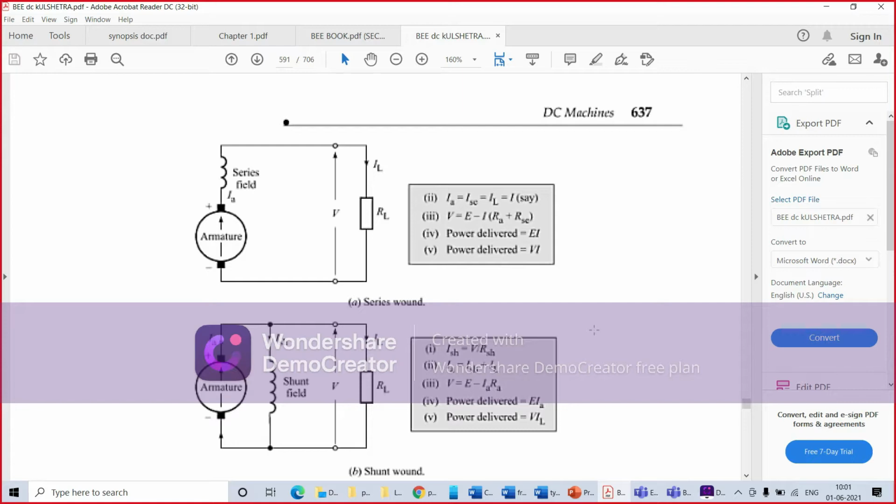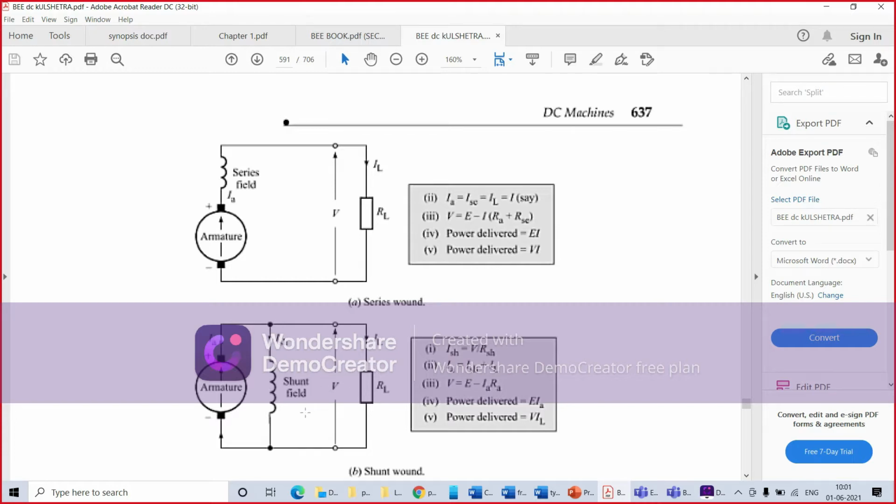Okay. So the reason is that in both the shunt wound DC motor and the separately excited DC motor, the field is supplied from a constant voltage, so that the field current is constant. Now you can see this is the diagram of your shunt wound motor, and this is the voltage, which is the same.